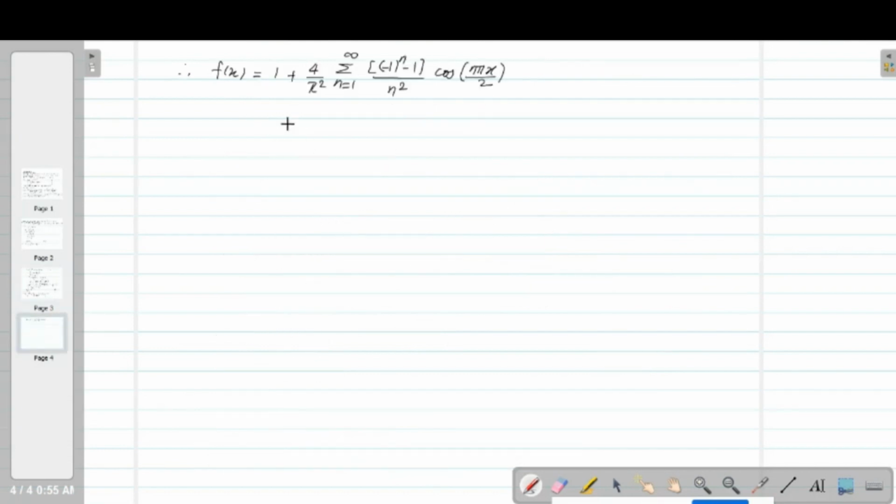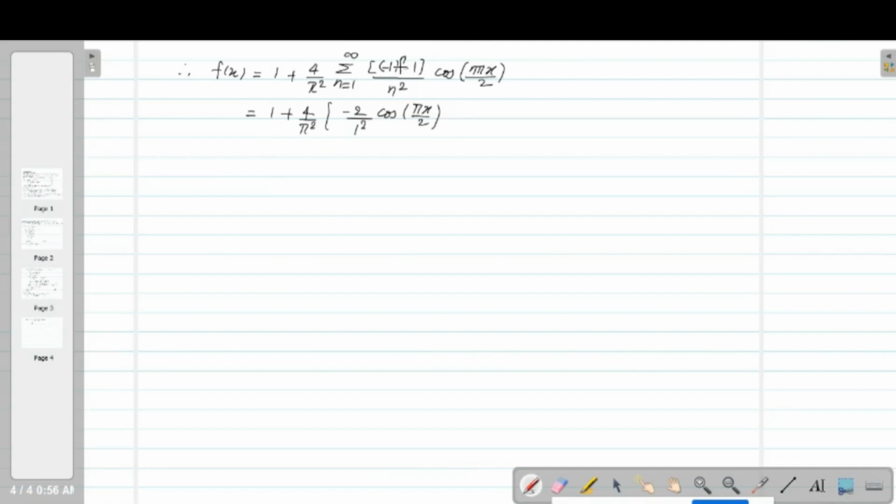Now run the series. 1 plus 4 by pi square, run the series. Putting n equal to 1, this is minus 1 and minus 1, so this becomes minus 2 by 1 square cos pi x by 2.